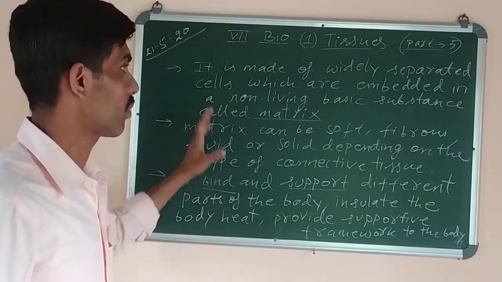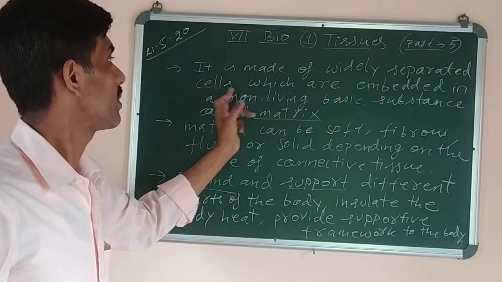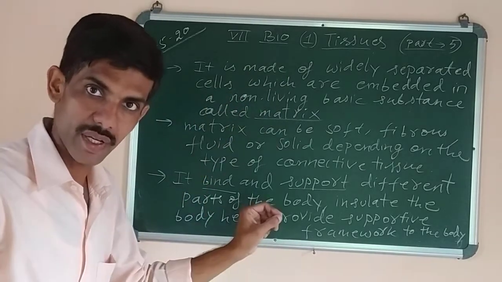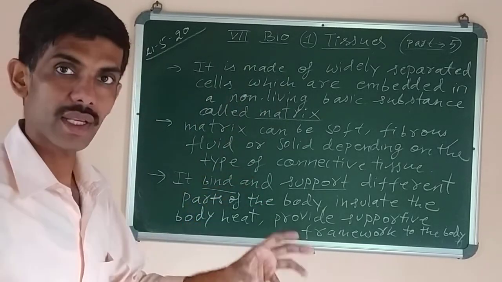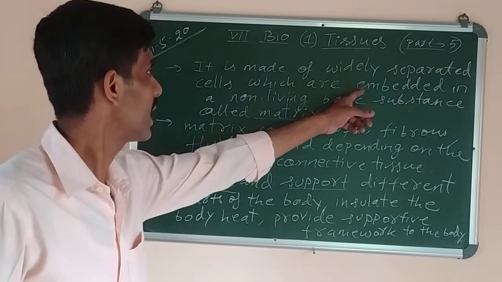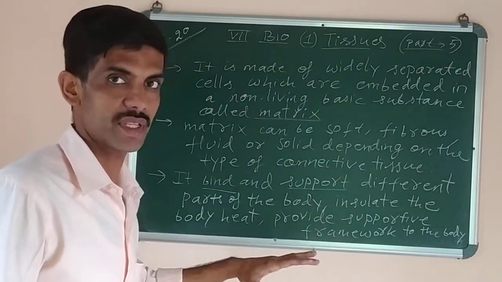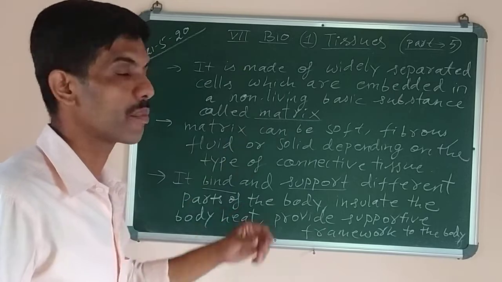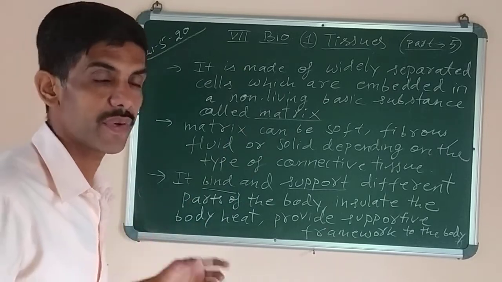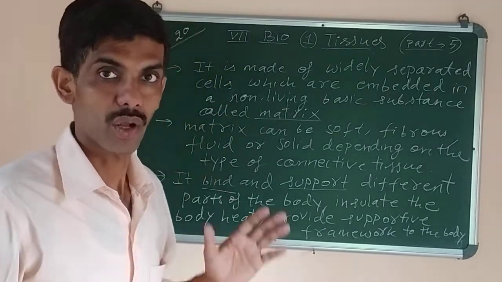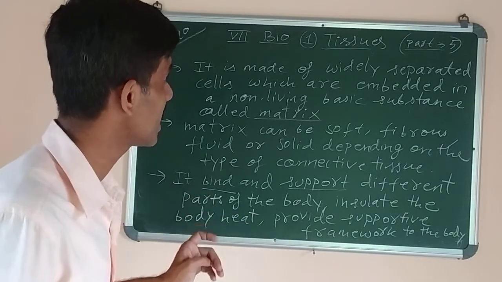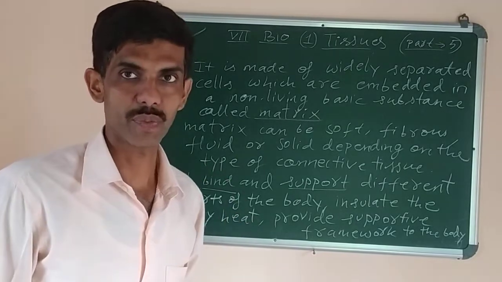And once again, connective tissue is made up of cells. The cells are separated from each other, and these cells are embedded in a basic substance that is non-living, and it is called matrix. So if it is asked, define matrix: matrix is the non-living substance in which the cells of connective tissue are suspended.